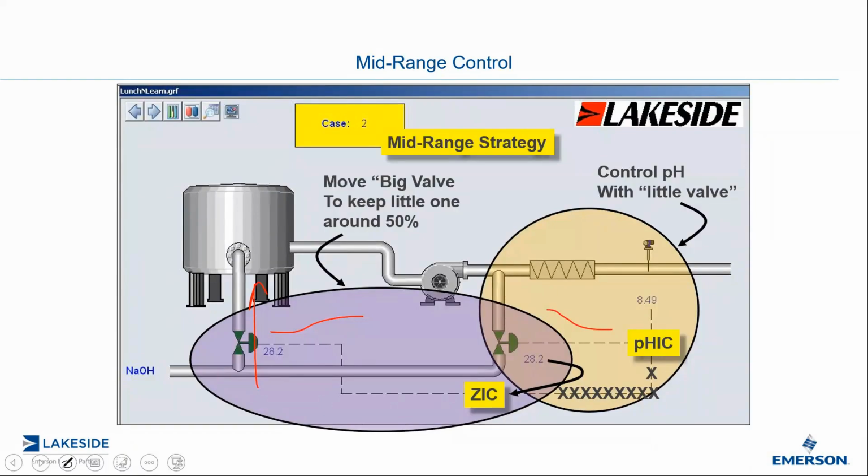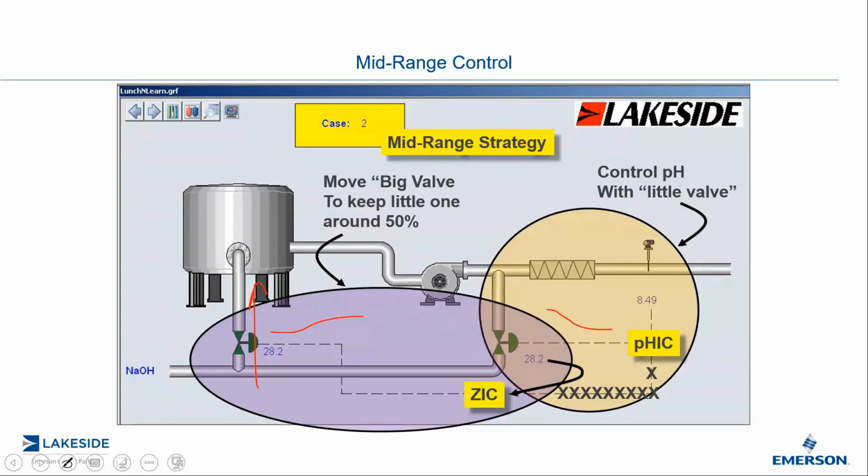And that is what's called mid-range control. So Big Brother looks at the position of little brother and will adjust its output, again very slowly, in order to keep little brother out of trouble within a range of between 40 and 60%.